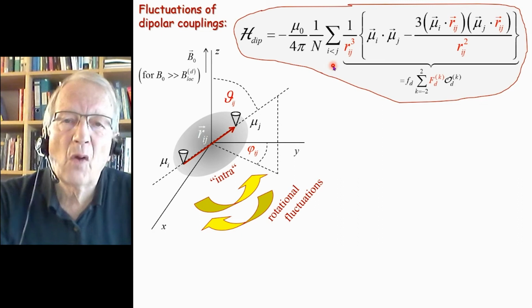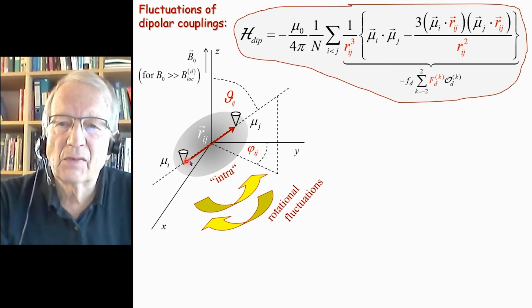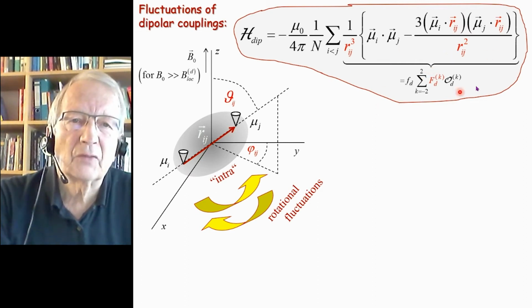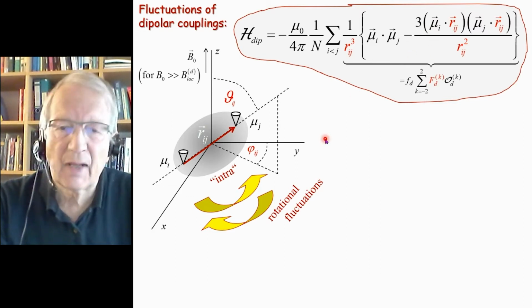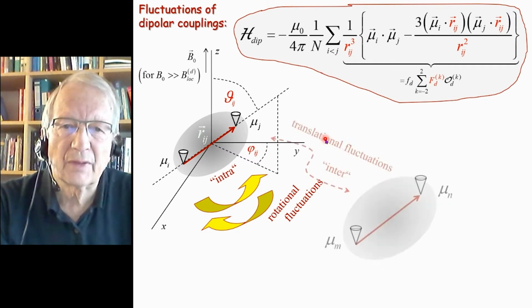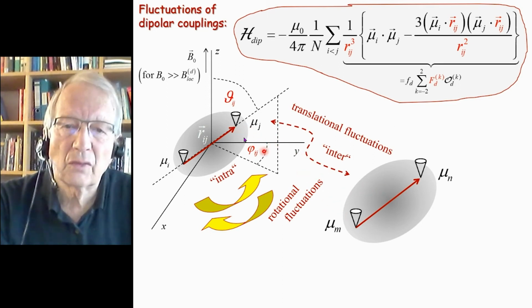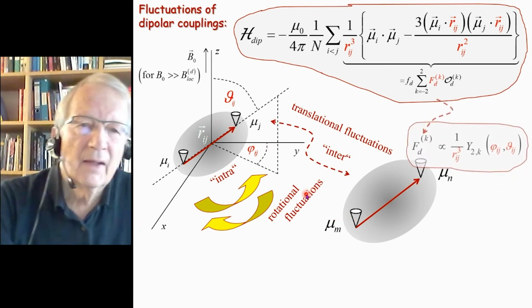It's a sum over all dipole pairs with a distance r sub aj, and this expression is describing the fluctuations of these coupled dipoles. If there are some intermolecular interactions, we have to take into account also these couplings to neighboring molecules.